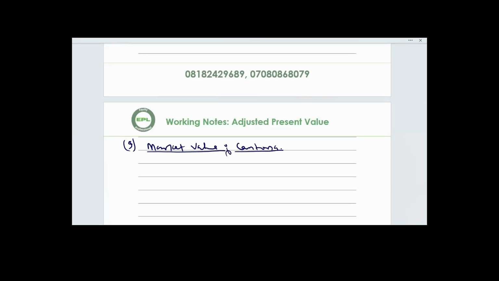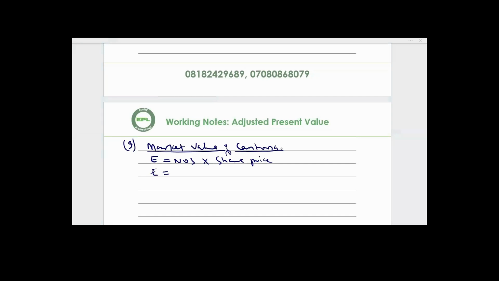So value of equity, market value of equity. Let me write it because we are using E. E is the market value of equity, which is number of shares multiplied by share price. So E will then be equal to the number of shares according to the question, 15 million shares, at what price?